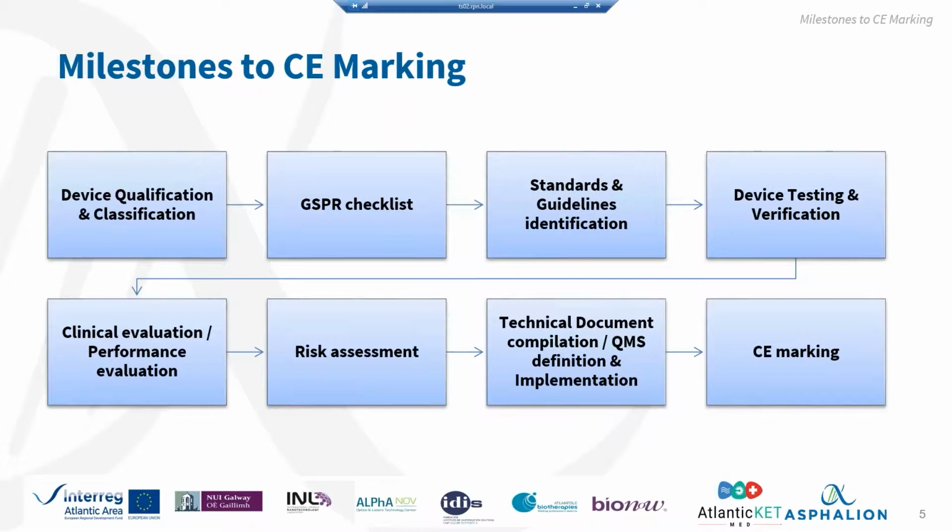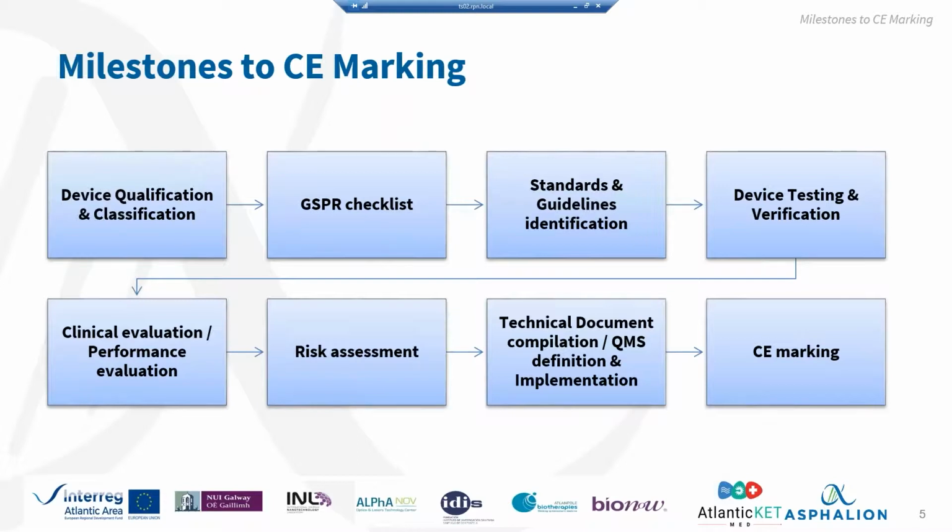Once we identify that our device is a medical device, what we will do is classify. We will follow the rules that we mentioned before, and we will identify which class of device we're dealing with.